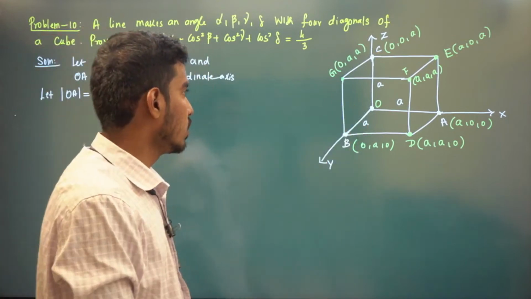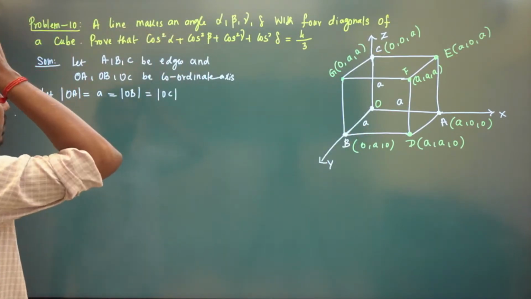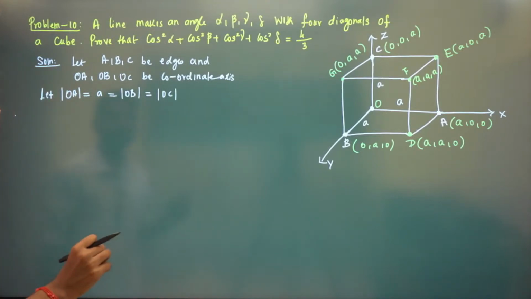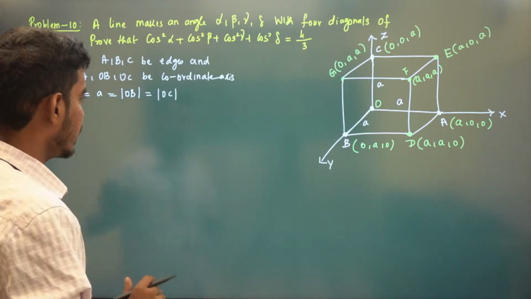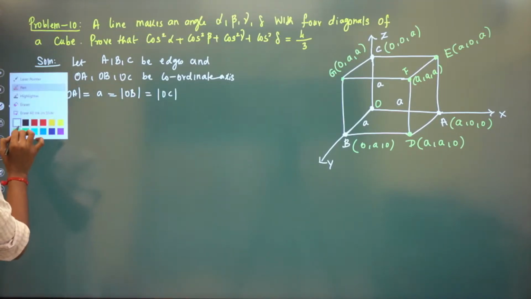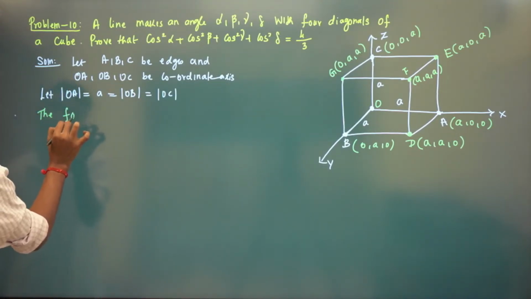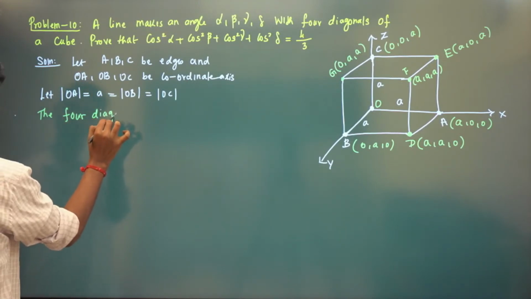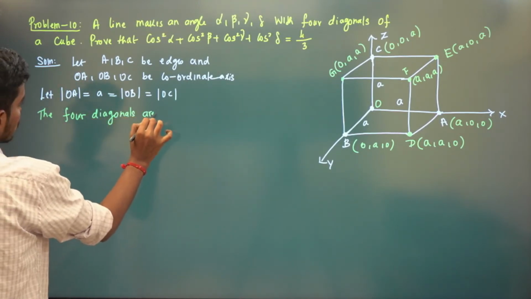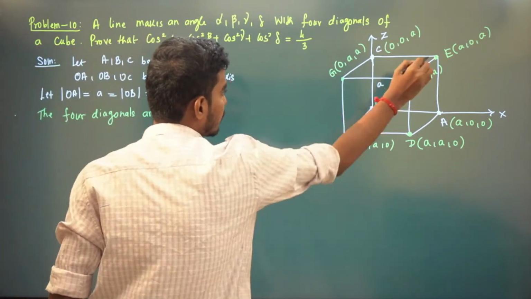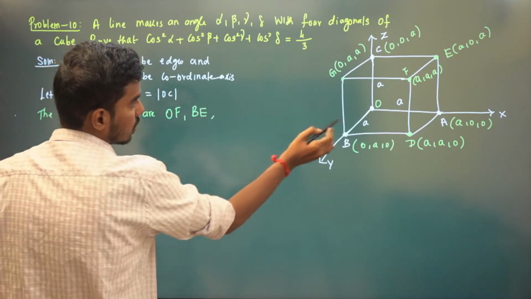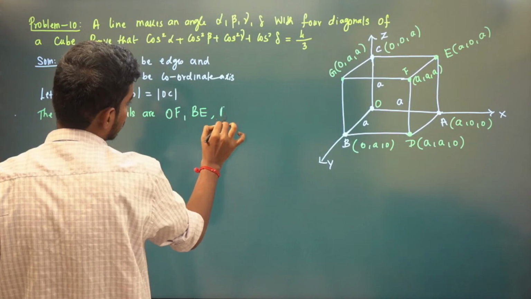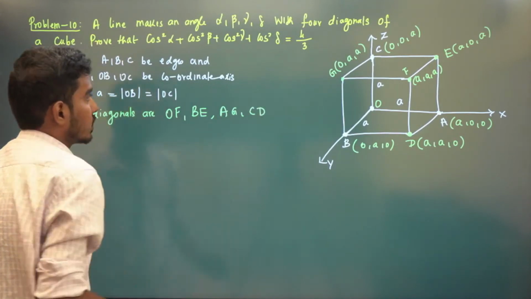Now again, a line makes angles alpha, beta, gamma with the four diagonals of a cube. So first we will find the four diagonals. The four diagonals are OF, BE, AG, CD, right?